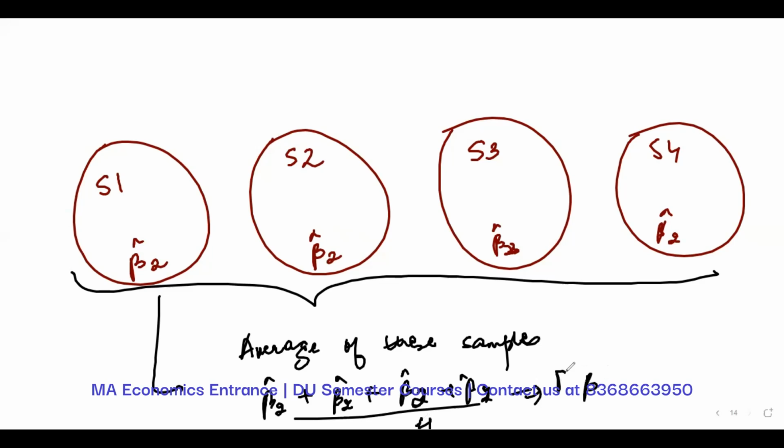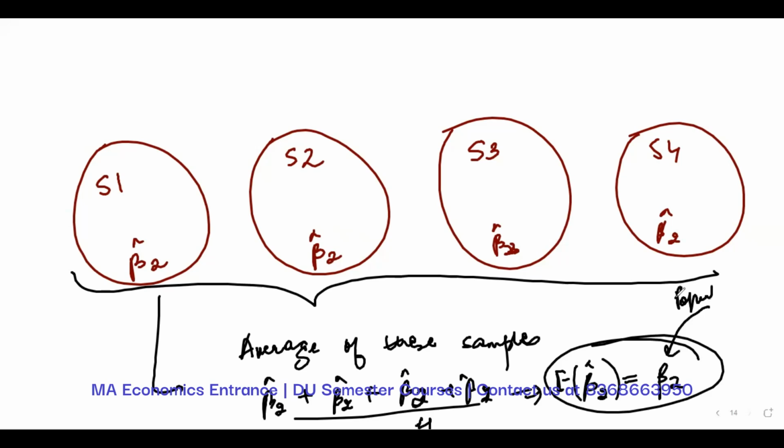Then the expected value that I'm getting of beta 2 hats is equal to the true value of beta 2 from the population. That is the meaning of being unbiased. So unbiased is you take many different samples, and as you keep on taking them, the expectational value of the betas of the samples is equal to the beta 2 of the population. That is the meaning of being unbiased.